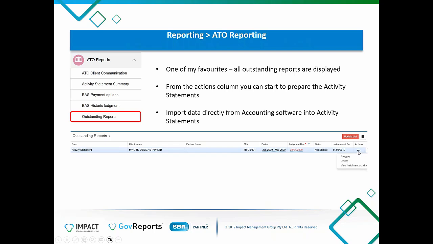And from the actions overflow button here, you can actually start to prepare or view or delete, whatever you want to do. And once you start to prepare, you can then of course import the data from the accounting software into GovReports to pre-fill the information for you, which stops keying errors.